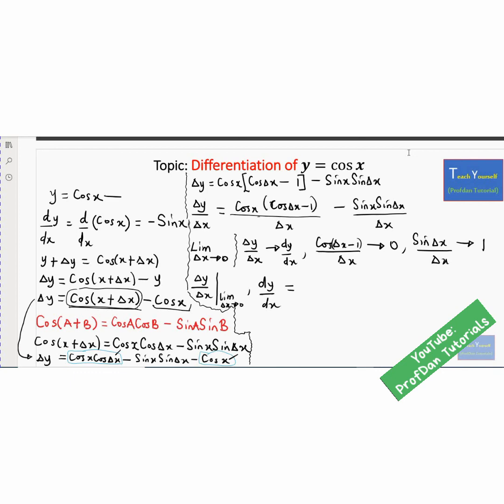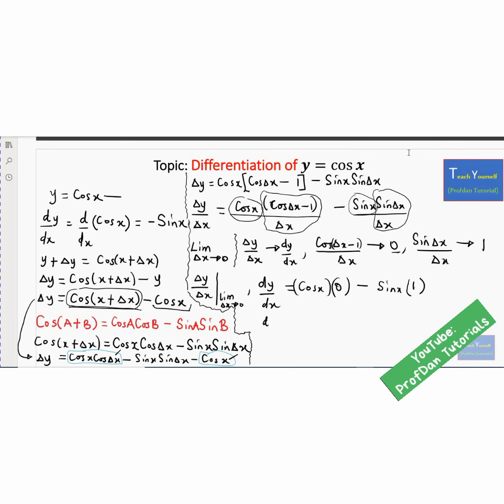Looking at the first term here, we have cos x, which remains the same, and this part here tends to 0, minus sine x, and the next part, sine delta x over delta x, which tends to 1.